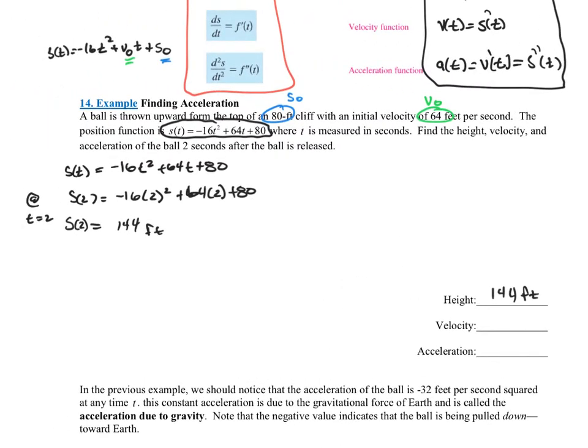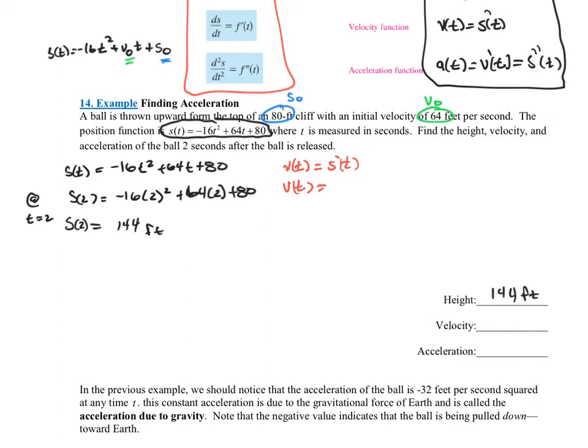Let's find the velocity. The velocity function is the derivative of the position function. So let's find that velocity function. We need to take the derivative of negative 16t squared plus 64t plus 80. The derivative of negative 16t squared would be negative 16 times the derivative of t squared.